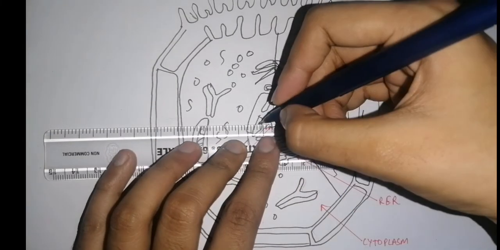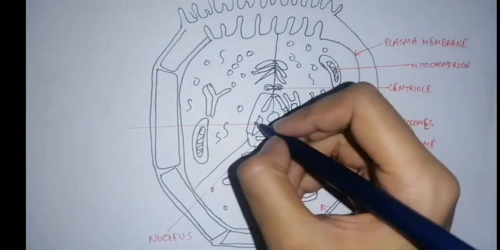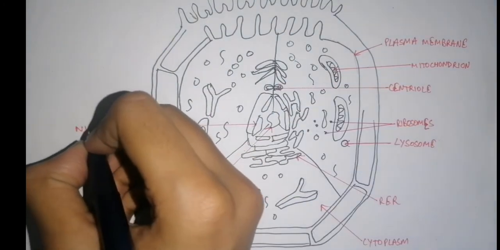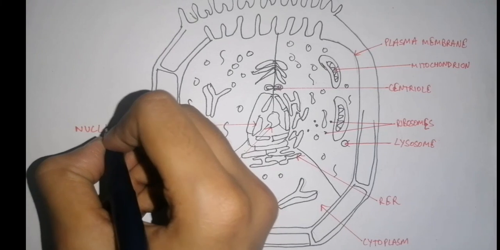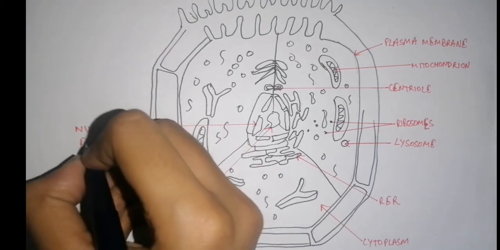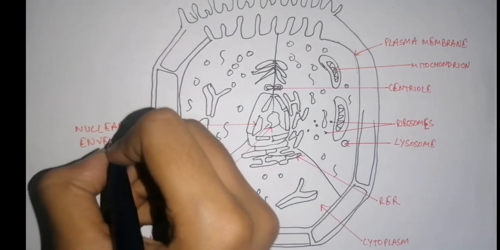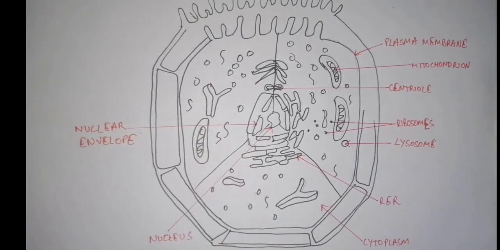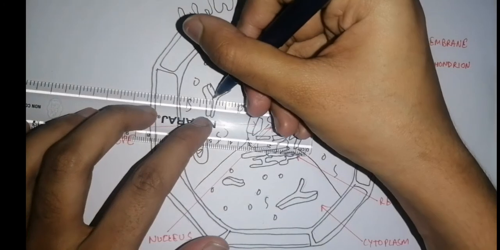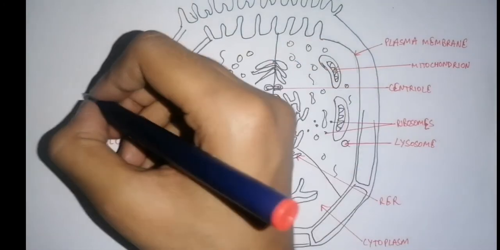Then comes the nuclear envelope. Smooth endoplasmic reticulum.